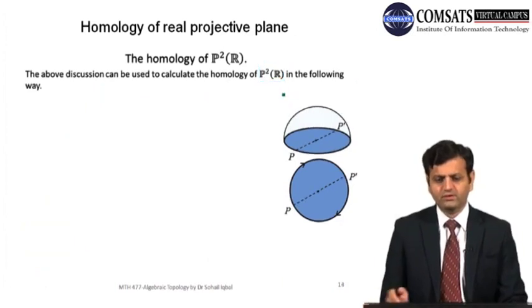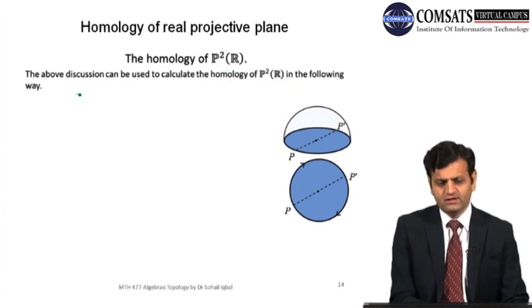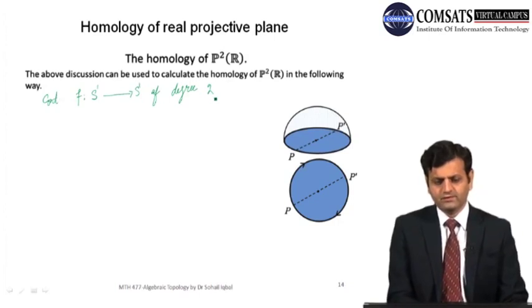Now let's see how to calculate the homology of this real projective plane. As I have discussed earlier, what do I need? I need a continuous function from S1 to S1 of degree 2. If I have this, then I can attach D2 with S1, which will give me the real projective plane.